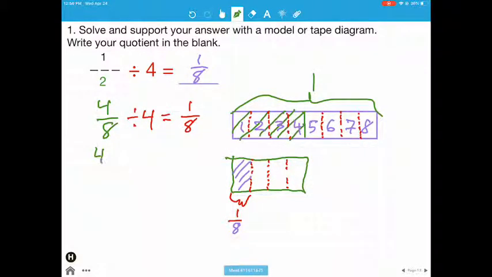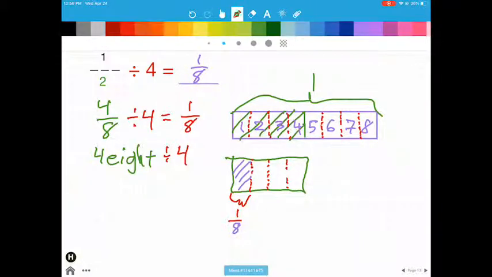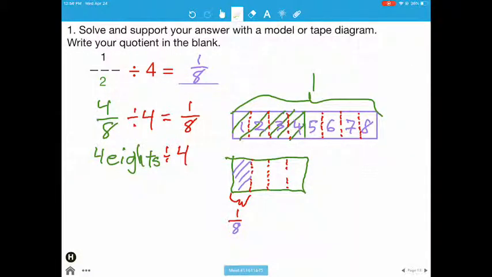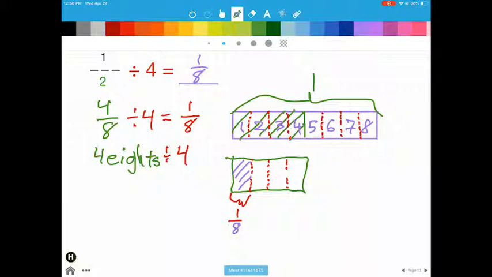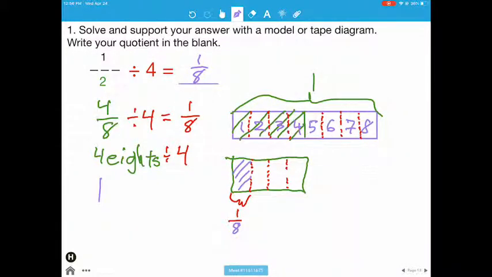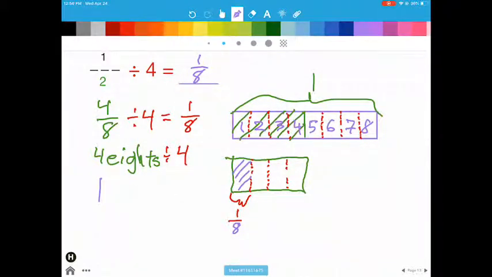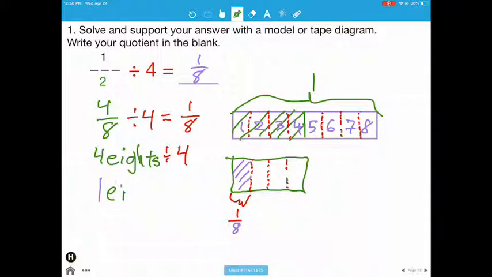Let's do it in unit form. 4/8 divided by 4. 4 divided by 4, hopefully you see, is 1. So we get 1/8.